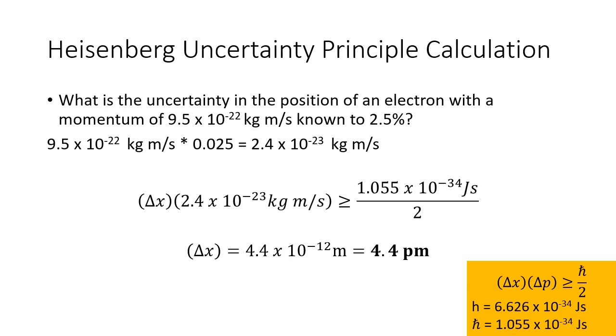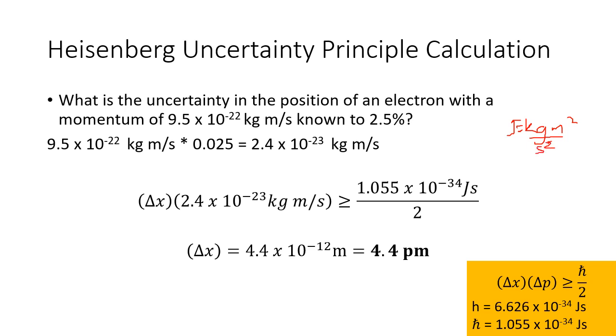Now, you may be wondering, wait a second, what about the units here? Does that actually work out? I want you to remember that a joule is equal to a kilogram meter squared per second squared.